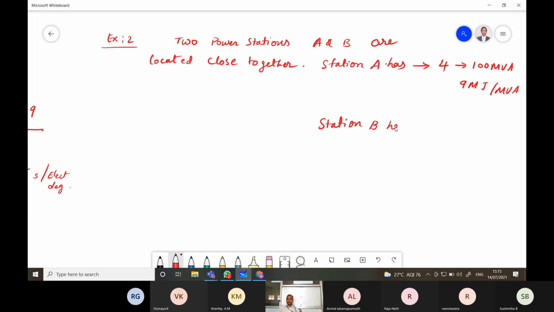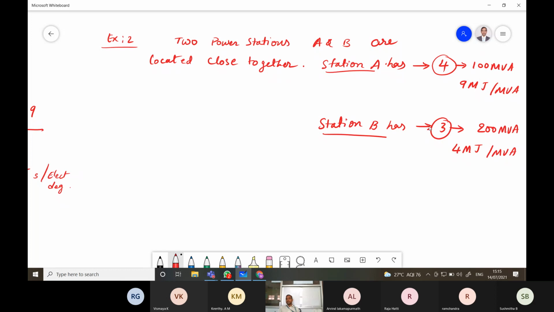So these are the ratings of the generators of station A and station B. Station A has 4 generators, and station B has 3 generators. Each of the 4 generators has 100 MVA, that is the power rating.